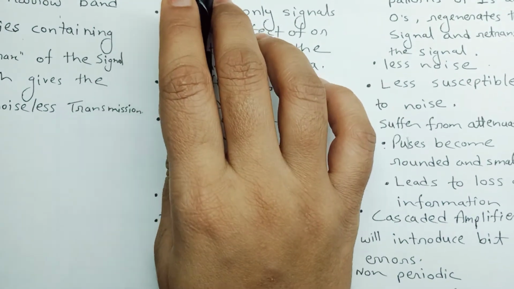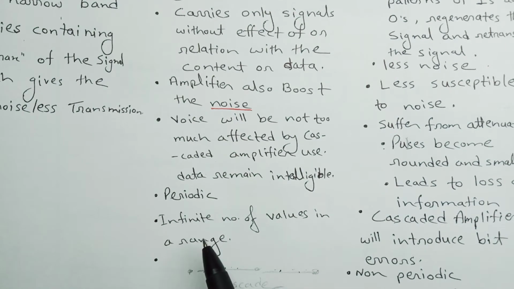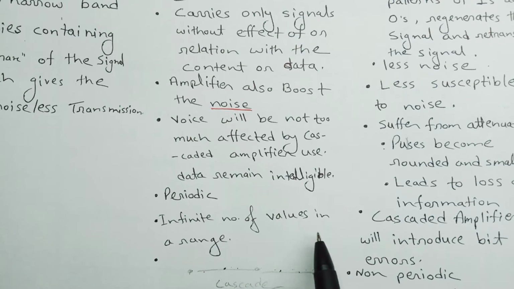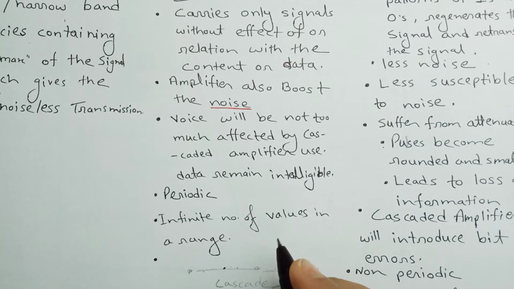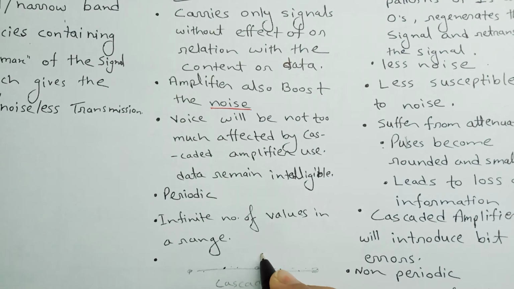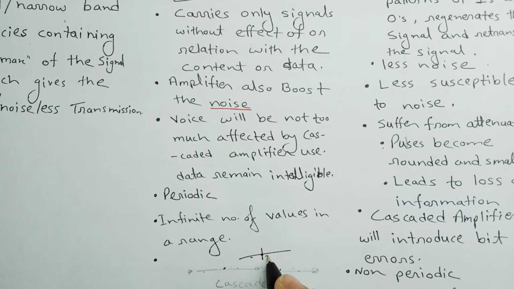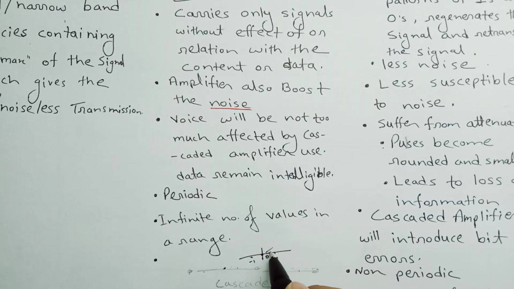This analog signal is periodic and has an infinite number of values in a range. There are so many values because it is continuous. If you see any graph, 0 to 1, 0 to -1, there are infinite numbers in between.